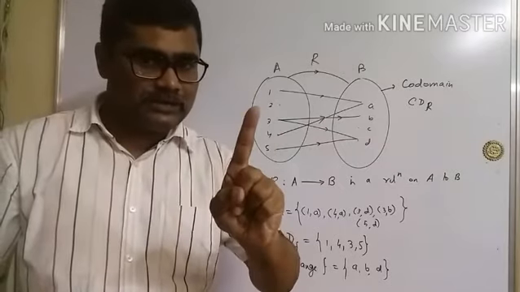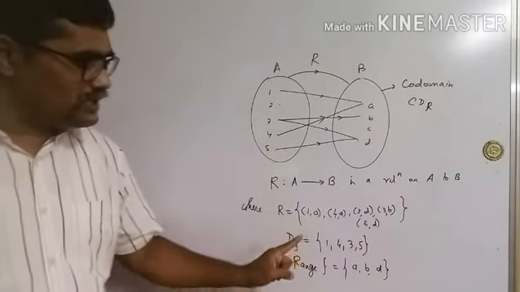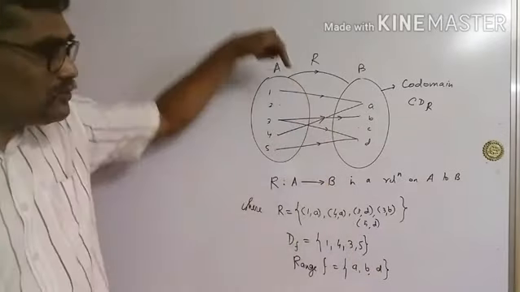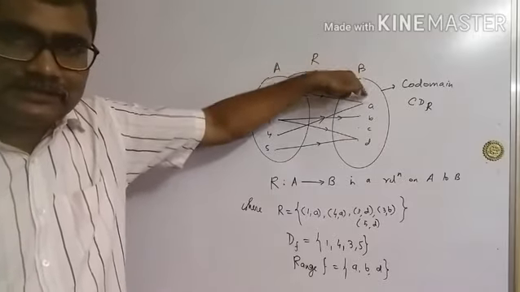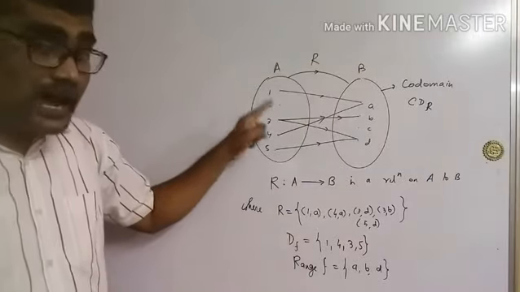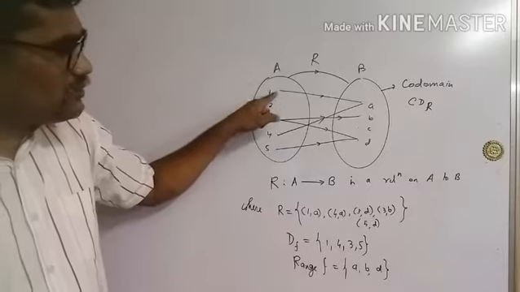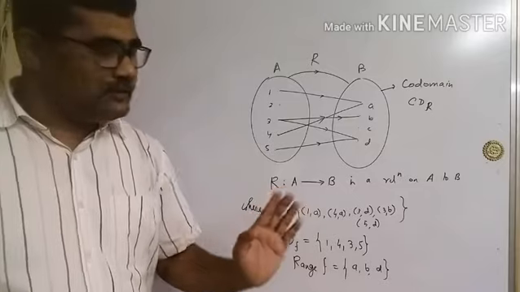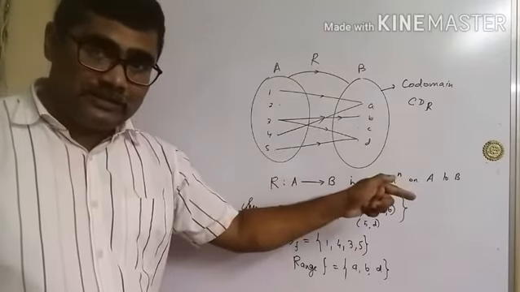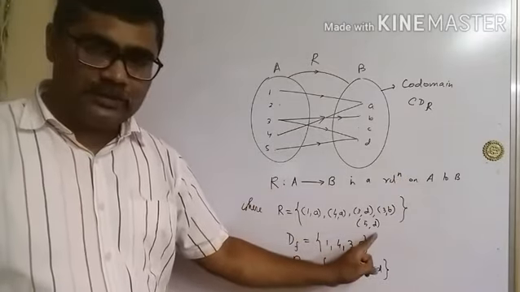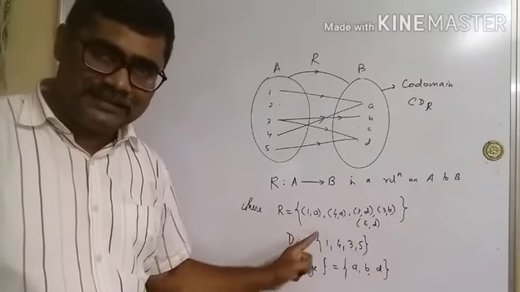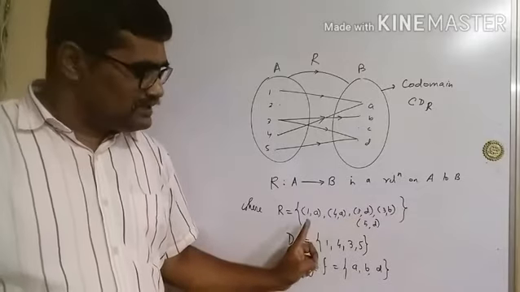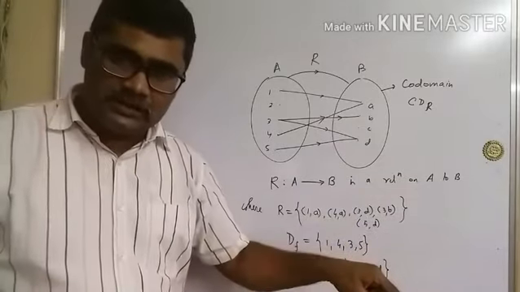Once more I'll repeat, the elements which are in the first place of the ordered pairs, in the figure the elements which are having some relatives here, in the figure I can say like this also, that those elements from where arrowheads start, they are constituting the domain. And range means the elements which are in the second place of the ordered pair. When I write R like this, what is it? Roster method. In roster method, the second place elements will constitute the range.